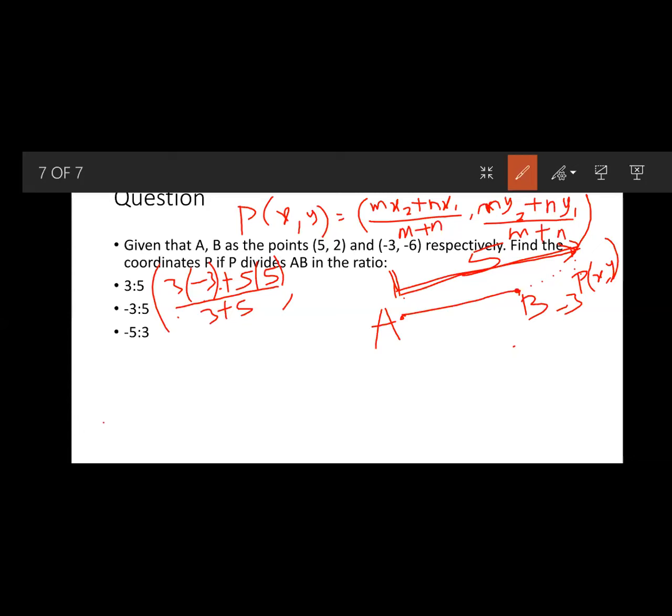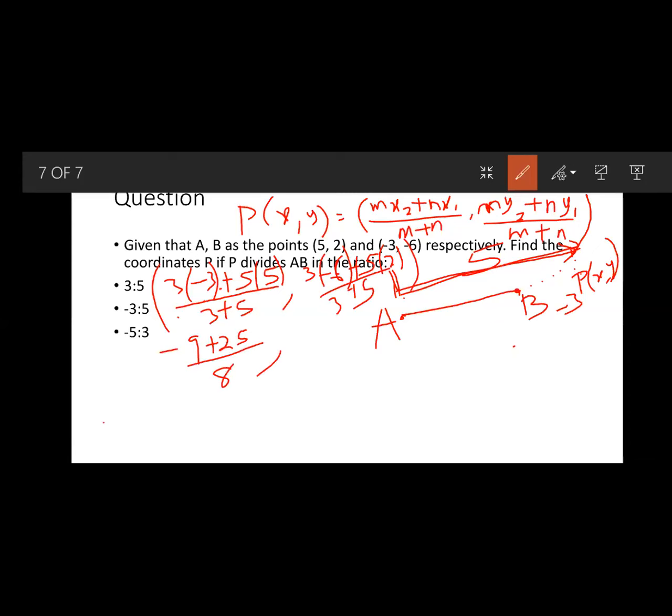Comma, our y, m is still what? 3. Our y2 is what? Minus 6. n is what? 5. And our y1 is what? 2, over 3 plus 5. So we have minus 9 plus 25 over 8.